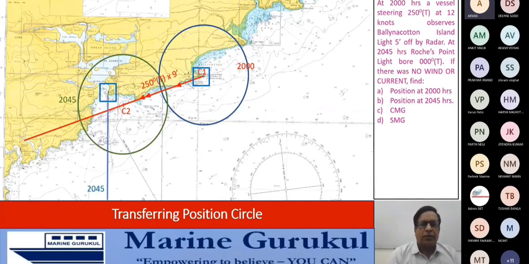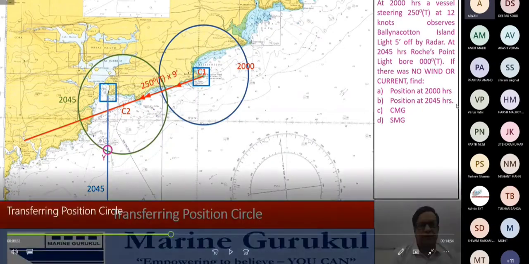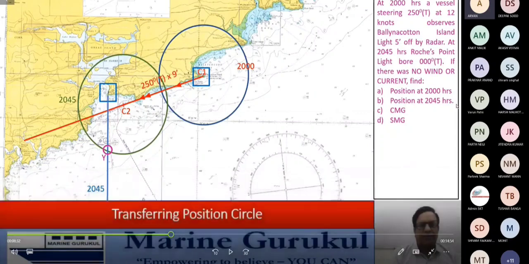So we plot the 2045 PL. Where the 2045 PL and the 2045 position circle intersect, that is point Y, becomes the position at 2045. So beta, have a good look at the plot till now and let me know any doubts coming to your mind.